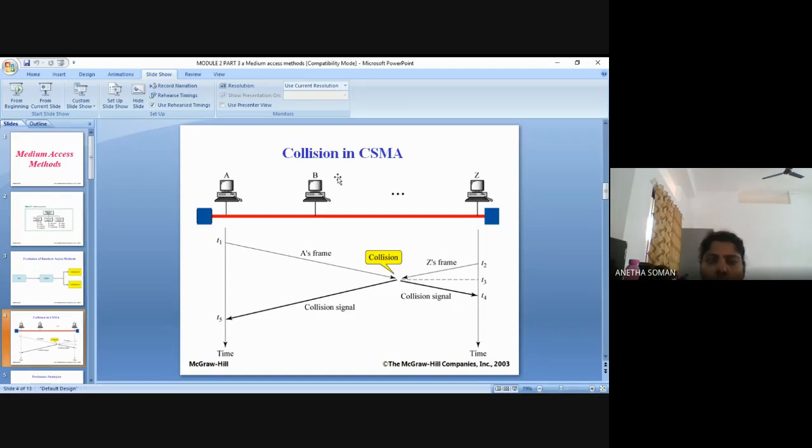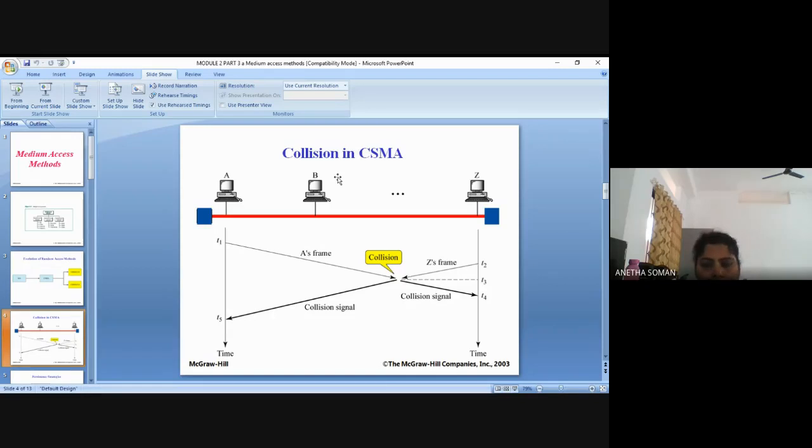Now, how can you minimize the chances of collision? Whichever station wants to transmit data will first sense the carrier, or sense the link, before trying to use it. So the first step for a station that wants to transmit is to sense the carrier.